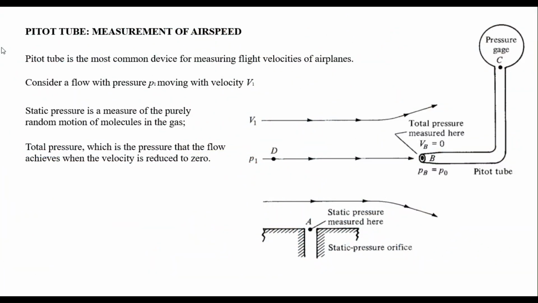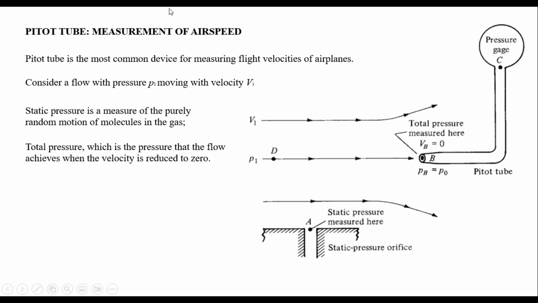Now we'll discuss how the pitot tube works. We know that the pitot tube is used to measure the total velocity of the flow in airplanes. Consider a flow with a pressure P1 moving with a velocity V1.